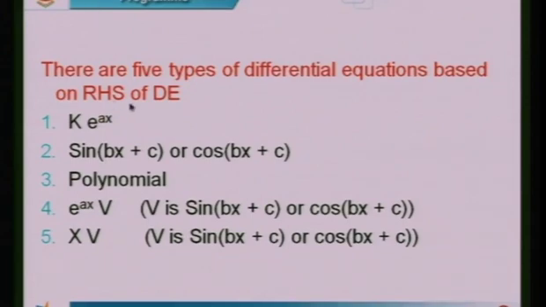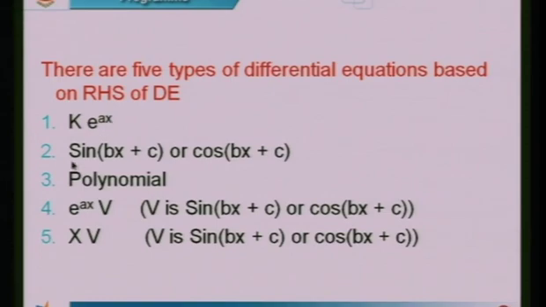RHS means right hand side of the differential equation. There are 5 types. What is that? One, k e power ax. K is a constant, a is also a constant. So the first type is k e power ax.